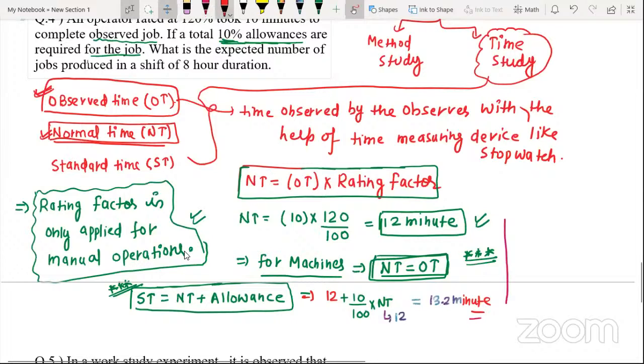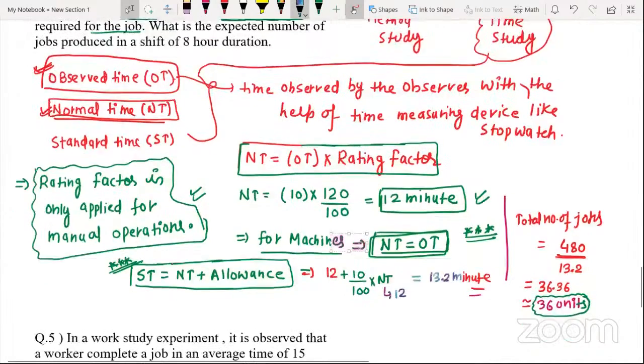For the total number of jobs, they are working for 480 minutes divided by the time taken to produce a single unit, 13.2 minutes. So it is approximately 36.6, or you can say 36 units or 36 jobs they will produce.